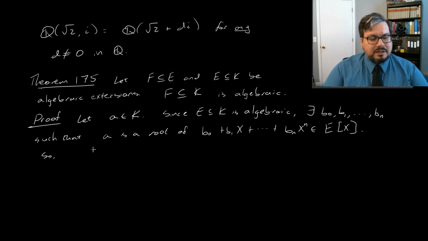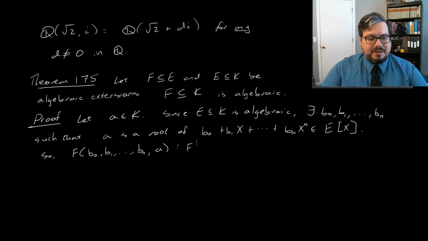So, in particular, this means that if we look at the smallest field containing B0, B1 up through Bn and A, that is a finite extension of the field containing just B0 through Bn.